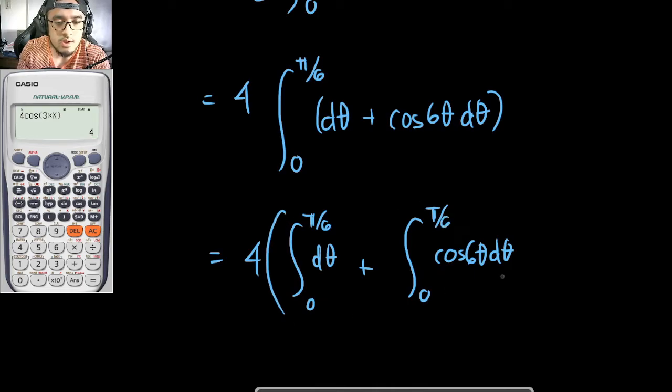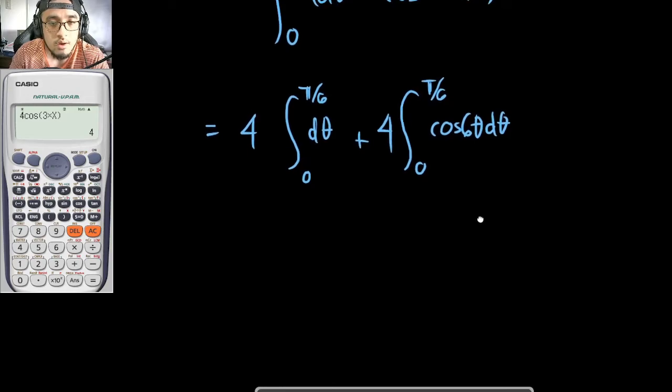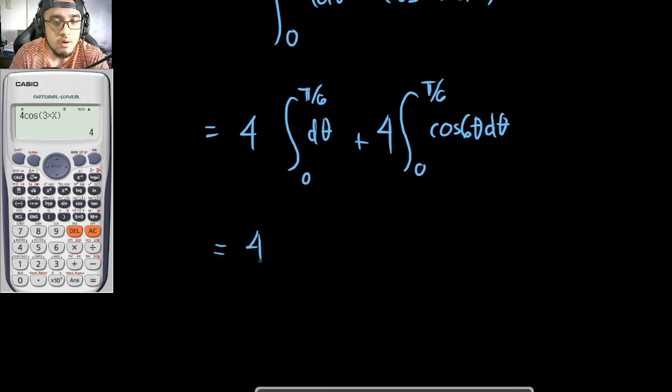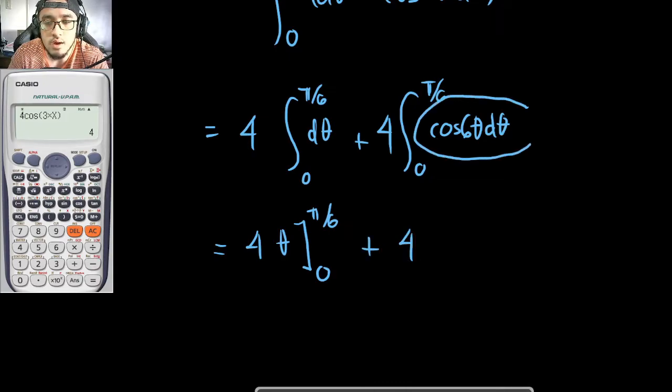By the way, this should be this one right here, so 4 times all of this, which is 4. And what is the integral of d theta? That is simply theta. So 4 theta 0 to pi over 6 plus 4 times the integral of this one right here.